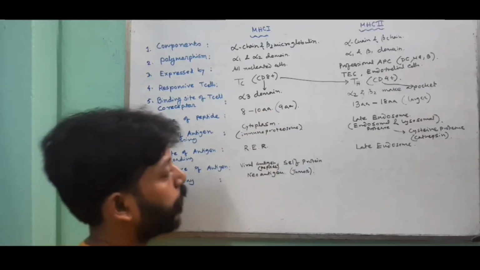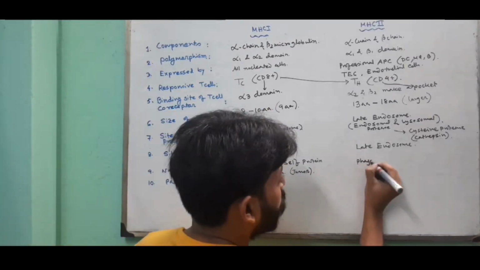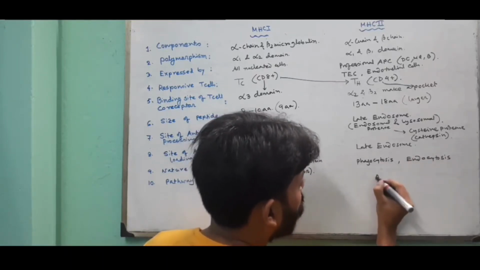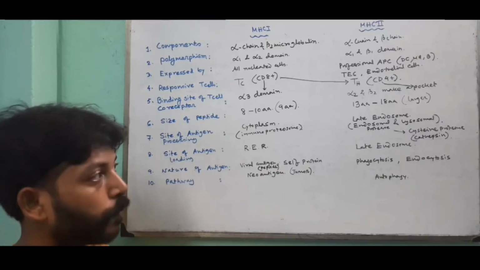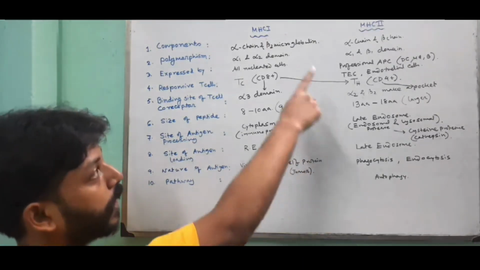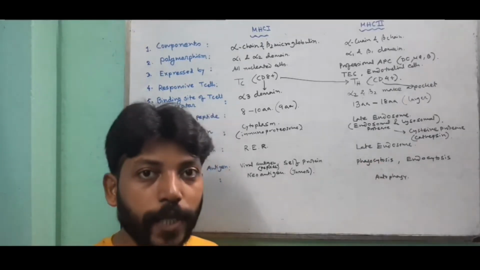But in case of class 2 MHC molecules, the antigen come from phagocytosis, endocytosis and autophagy. So these three are the routes from which the antigen enter into the cell and are presented by the MHC II molecule. And all these pathogens actually enter vesicles.